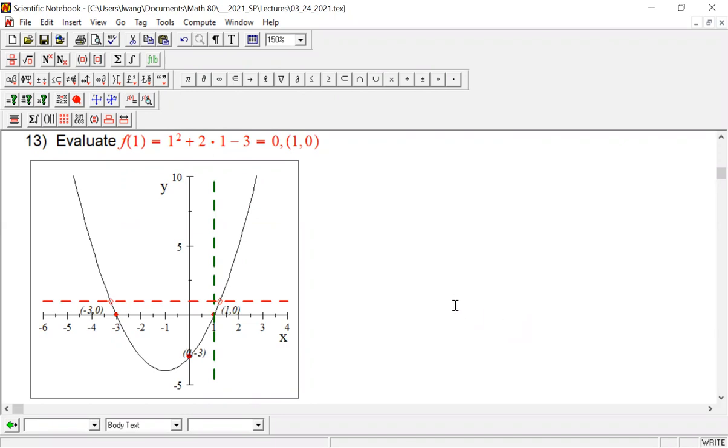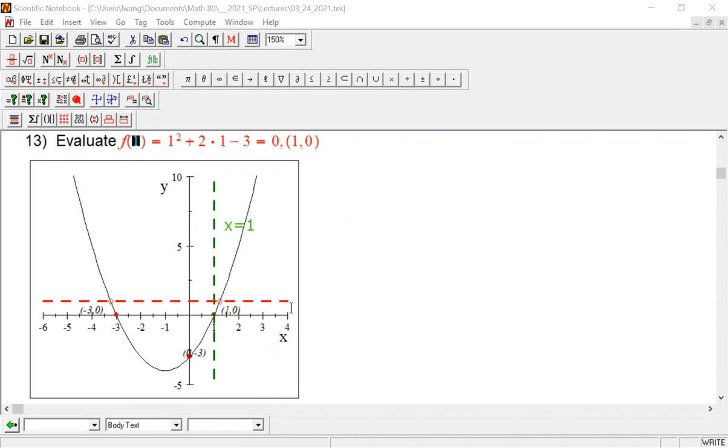And we talked about how the vertical cut is the green one. When the input is given, this green line is X equals 1. The input is X, X equals 1.